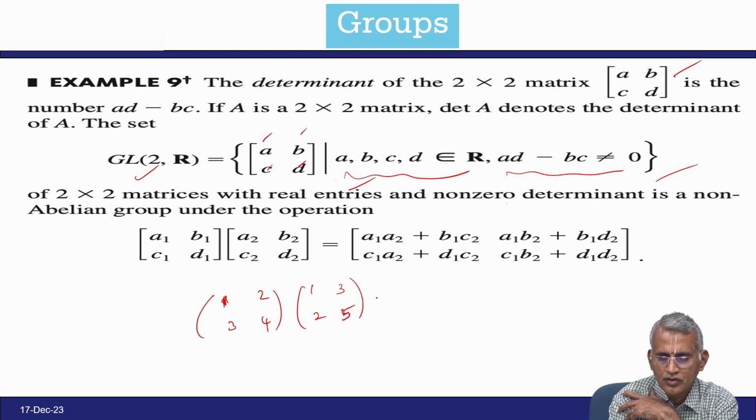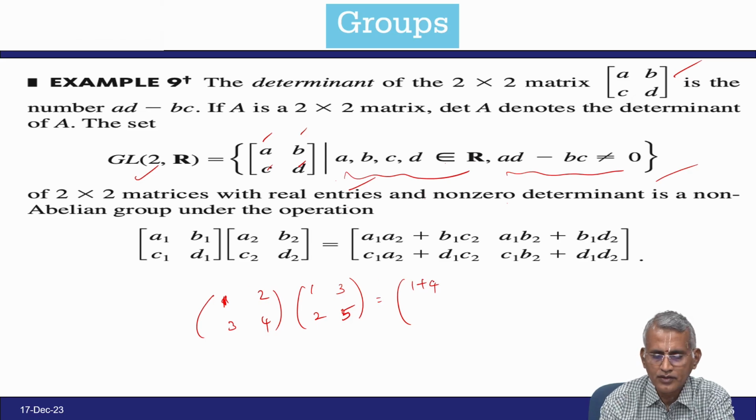So, you multiply them: 1 into 1 is 1, 2 into 2 is 4, so 1 plus 4; and then 1 into 3 plus 2 into 5 is 10; then 3 into 1 is 3, plus 4 into 2 is 8; and then 3 into 3 is 9, and then 20. Then we have 5, 13, and then 11, and then 29.